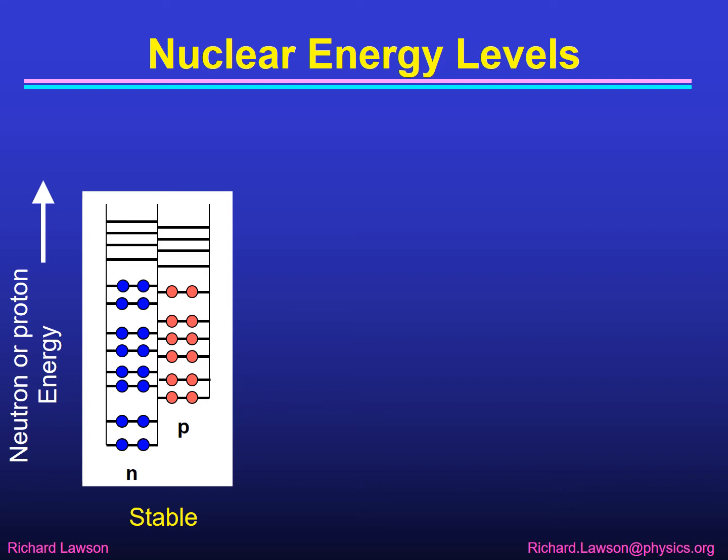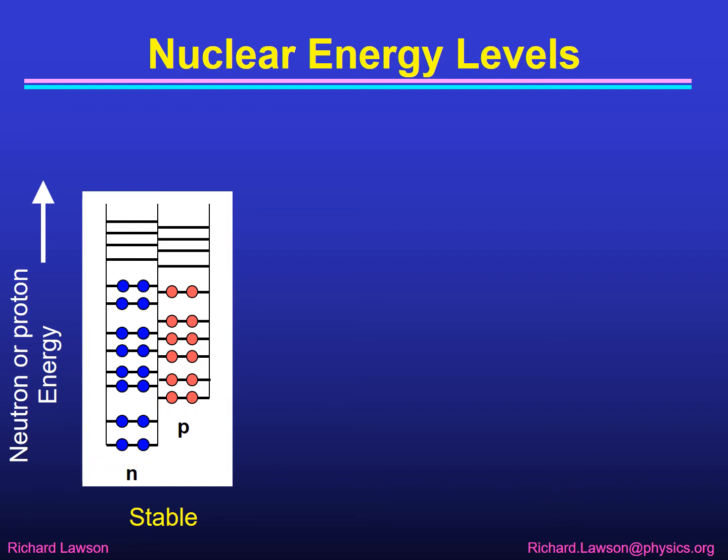So if you think of these energy levels as like a well with shelves in it that can be filled at different energy levels, the protons are not as tightly bound as the neutrons because of their repulsive positive charge. So this proton well doesn't go down quite as deep as the neutron well.